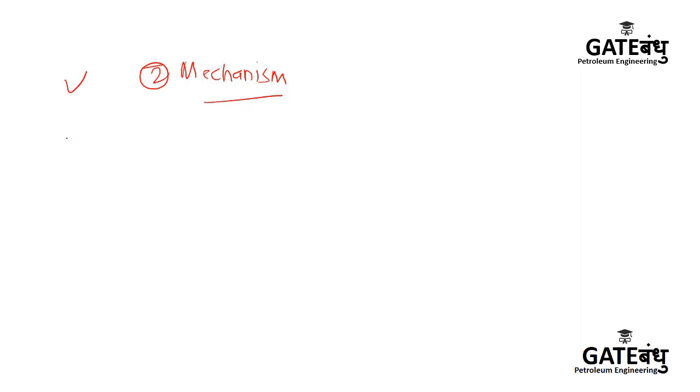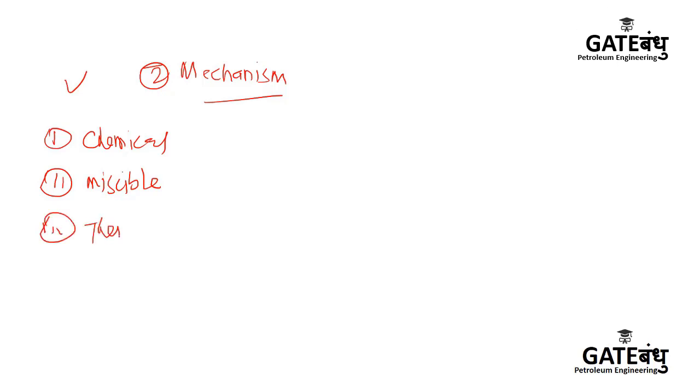There are basically four methods or processes of EOR. It's called chemical method, second is miscible, third is thermal, and fourth is microwave.